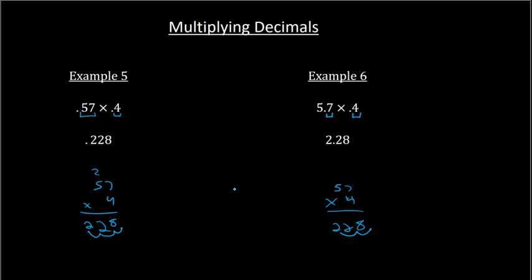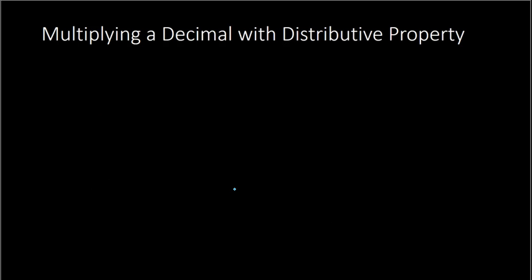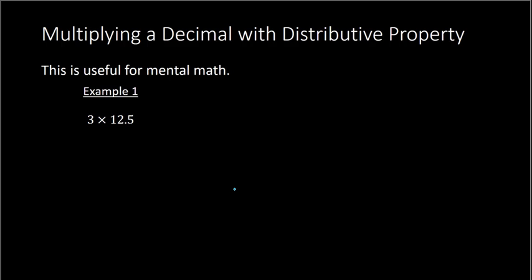Next, we're going to work with multiplying a decimal by using the distributive property. Now, when this comes in handy is when you're trying to perform mental math. So if you're trying to do calculations in your head, this is when this process will come in handy. So for example, if we had 3 times 12.5.